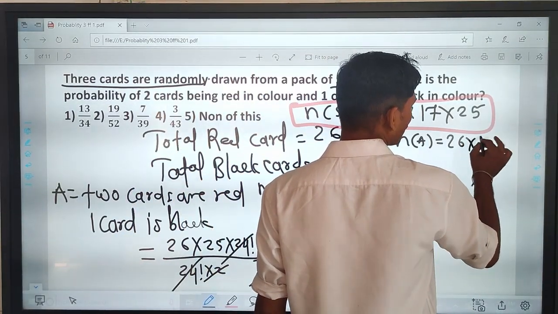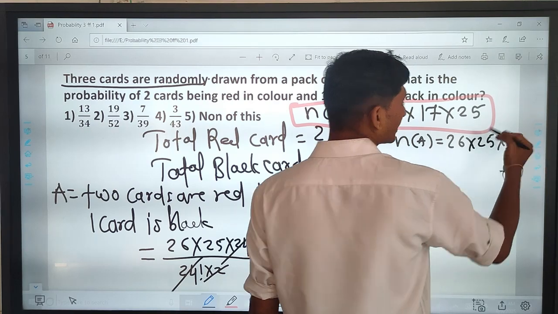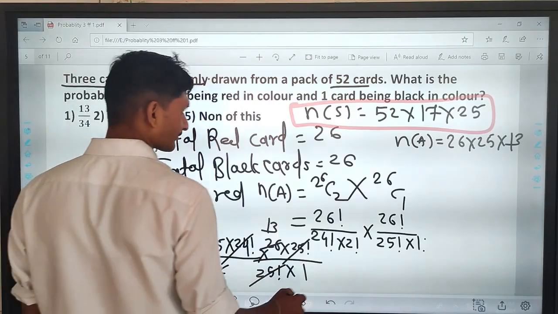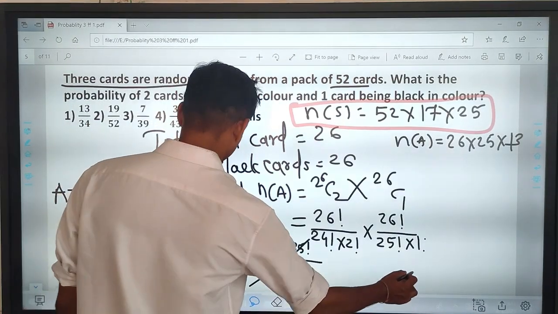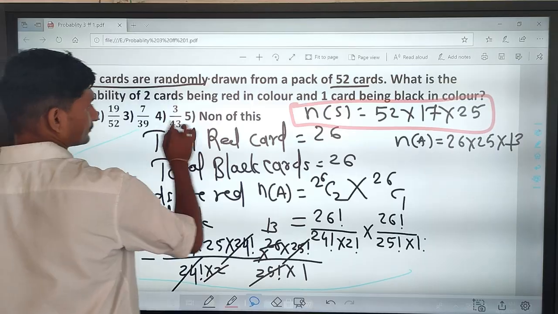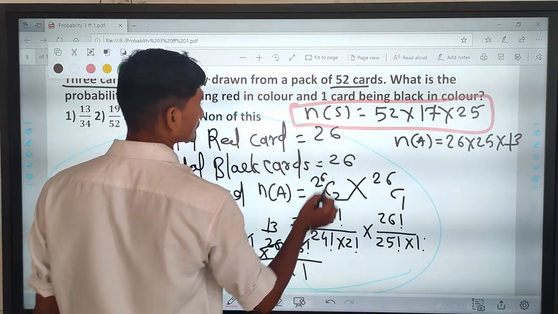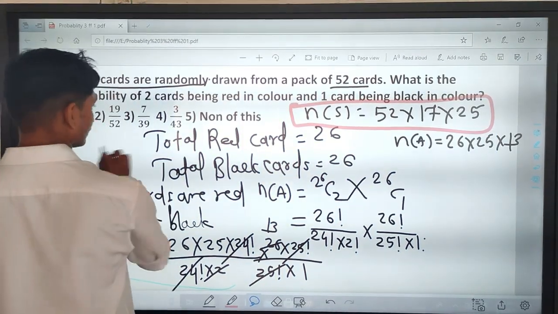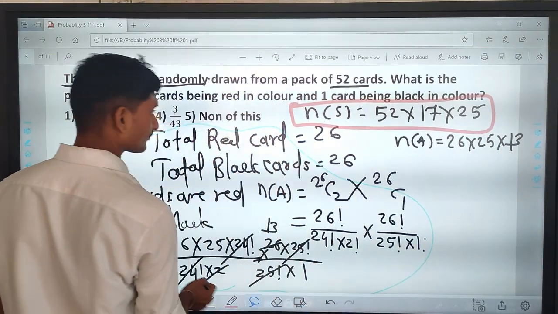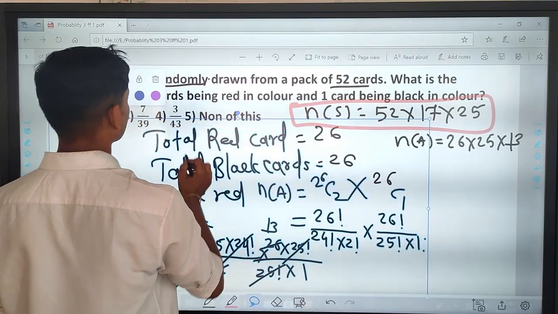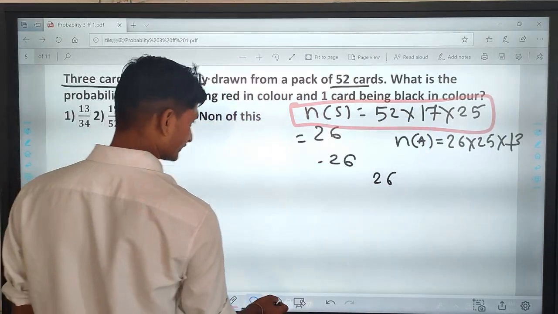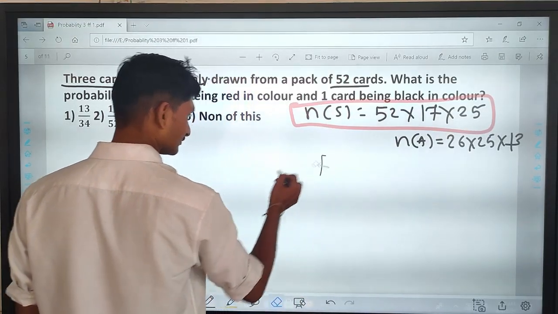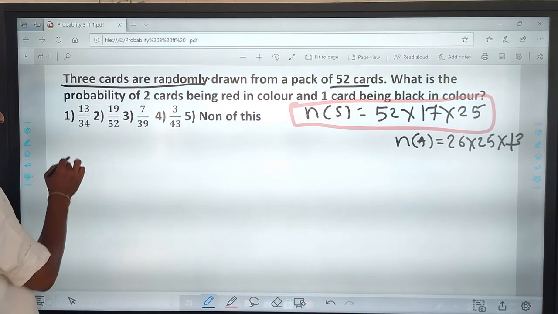This is your n(A). Now here we find the probability of A.